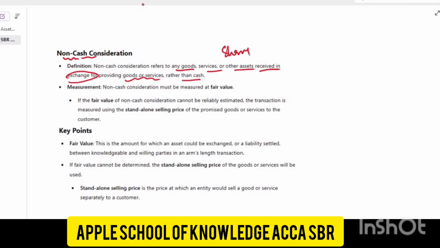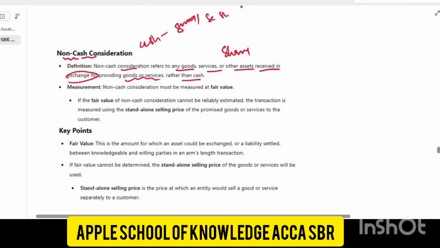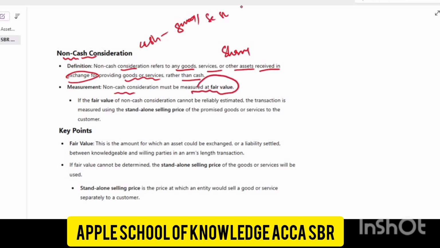So when you are providing consideration that is not in the form of cash, it may be in the form of goods, services or shares, then we call that non-cash consideration. Non-cash consideration must be measured at fair value.